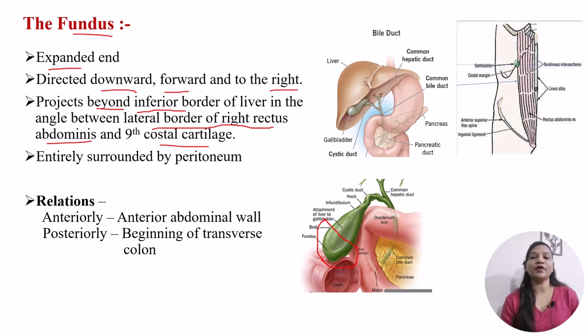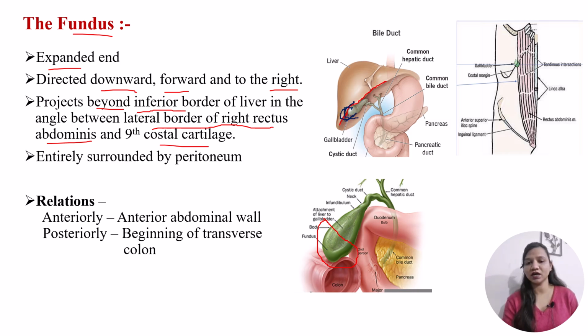So the fundus of the gallbladder is projecting beyond the inferior border of the liver. As you can see here in this picture, this is the inferior border of the liver, and the fundus of the gallbladder is projecting beyond this inferior border.